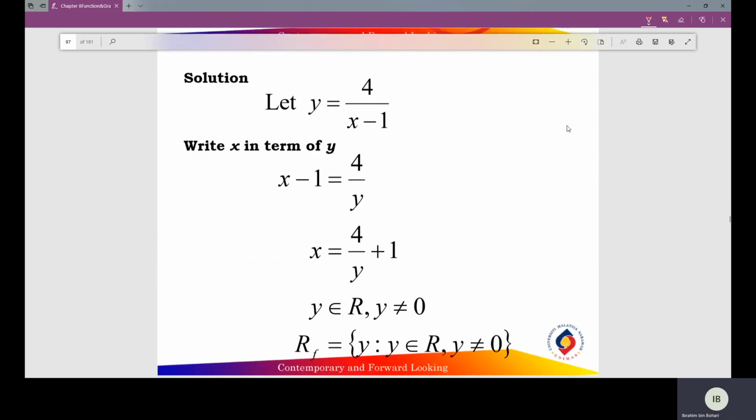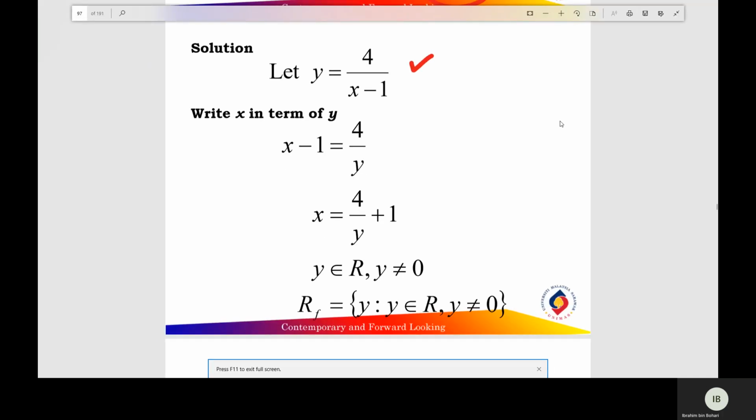Okay, you check the solution. First you let the rational function y equal 4 over x minus 1, and you write x in terms of y. x minus 1 equals 4 over y.